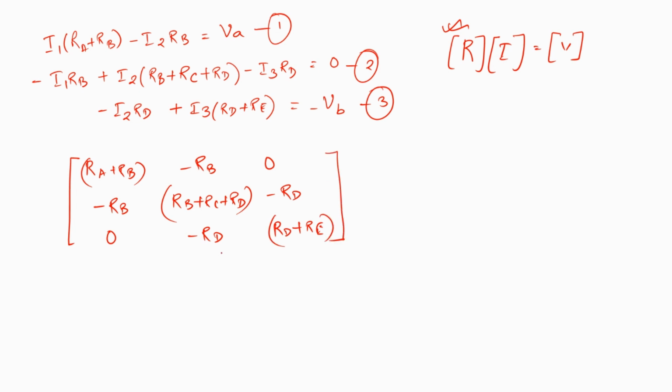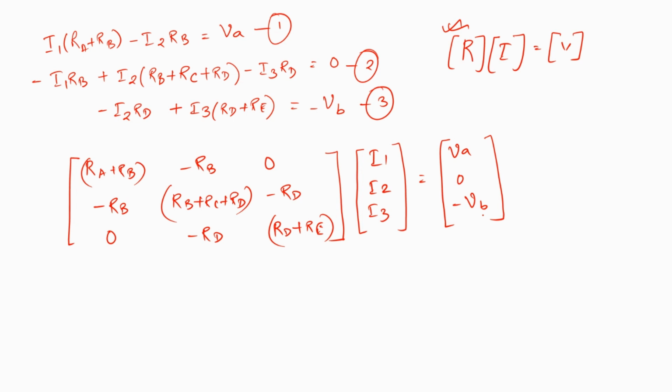So this is my R matrix. The I matrix would be a column matrix made up of all the loop currents I1, I2 and I3. And the voltage matrix is again a column matrix made up of the constants of these equations.